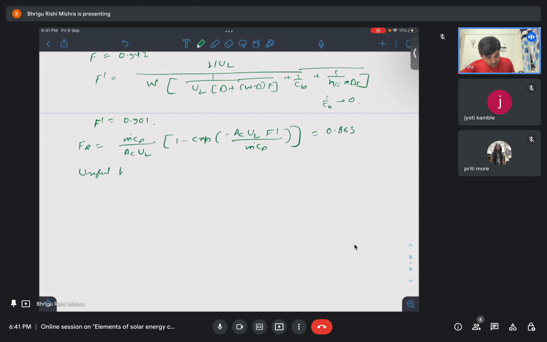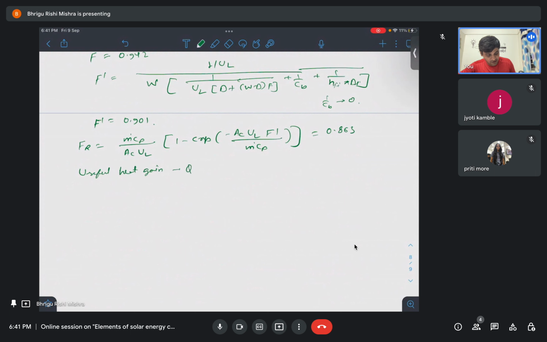Since we have the FR, we can calculate the useful heat gain using the most useful formula, which is Qu dot equals Ac into FR times S minus UL into Tfi minus Ta.